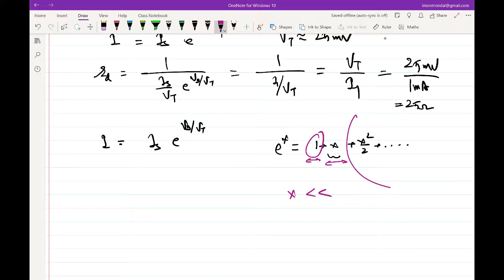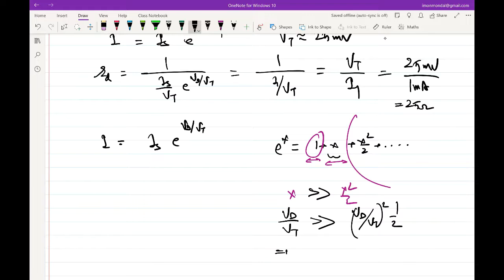So x should be much greater than x squared by 2. In our case, x is Vd over Vt, which should be much greater than Vd over Vt whole squared by 2, which means Vd should be much less than twice Vt.